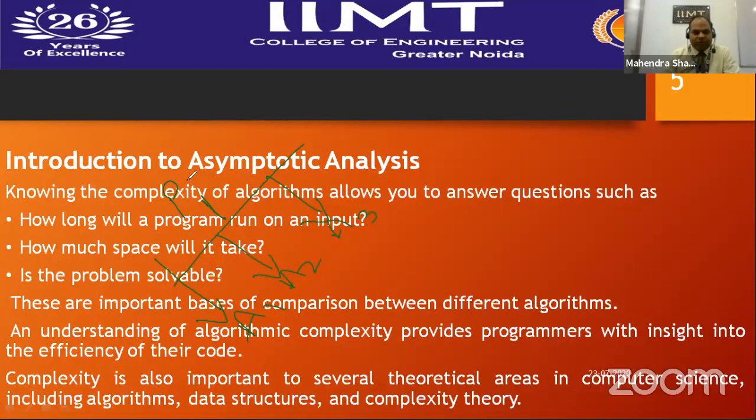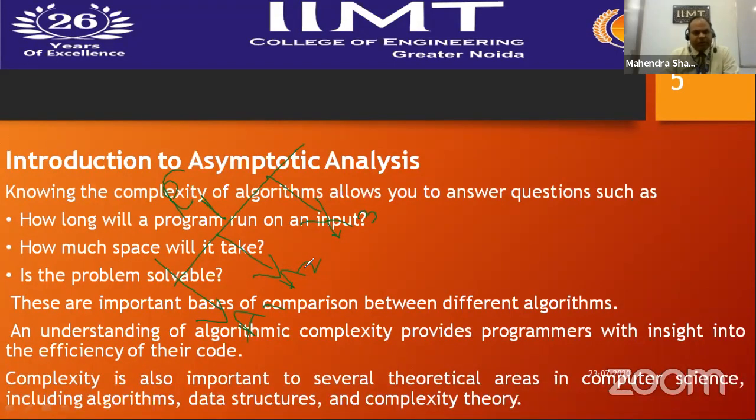In computer science, for a particular problem there may be more than one approach to solve it, but which one is better, in terms of time complexity and space complexity? That is important. To know which one is better, the analysis part becomes very important.